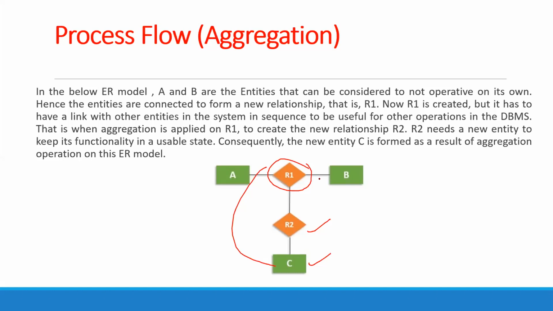When aggregation is applied on R1 to create the new relationship R2, R2 needs a new entity to keep functionality in a usable state, so the new entity C is formed. As a result of the aggregation operation on this ER model, the relation R2 is embedded with the relation R1. So this process we can say is aggregation.